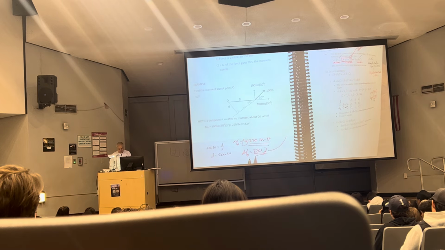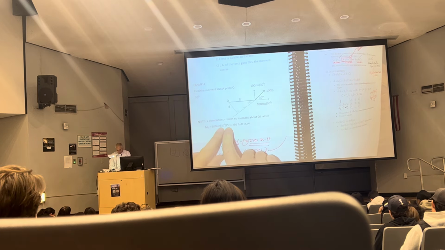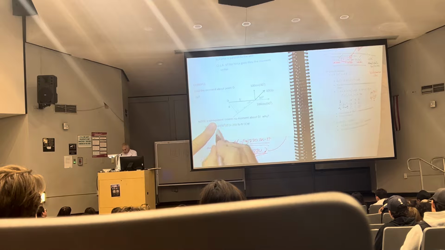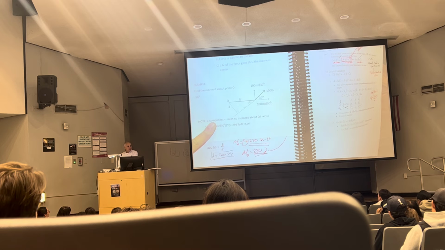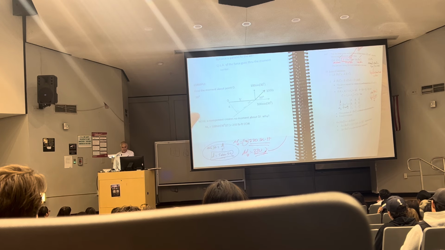Agreed? 5 sine 30. Just that right there. That is D. So you actually find D when you do the components. But it's much easier. I didn't have to go through that. I just broke it down and said, oh, this distance times 5 is what I need. Okay?